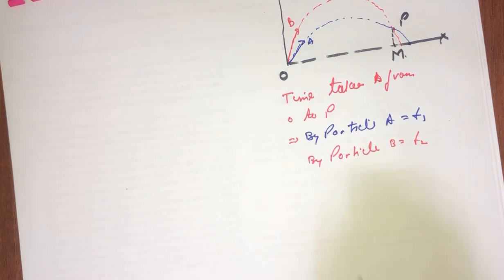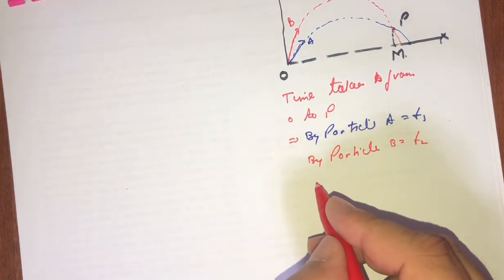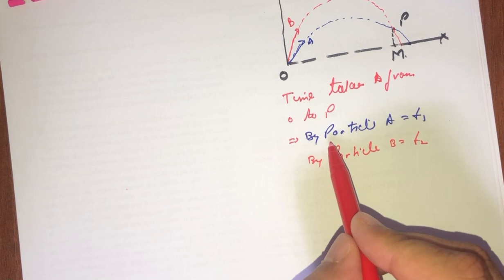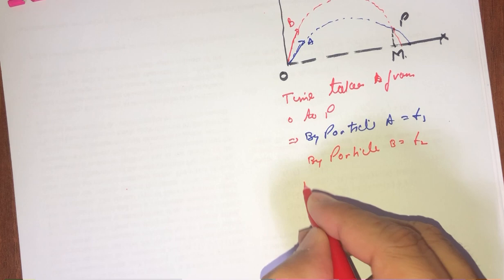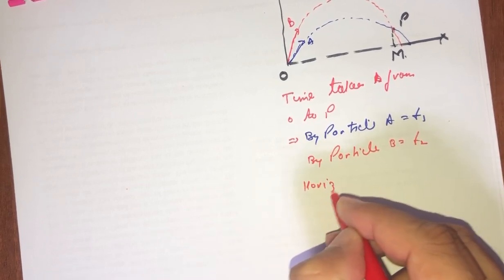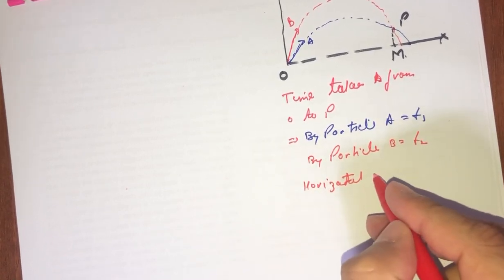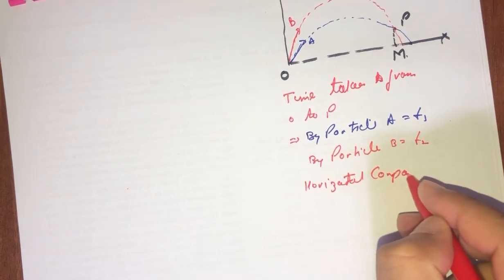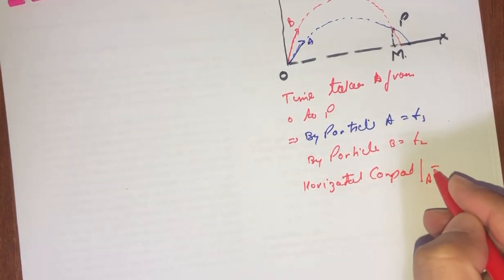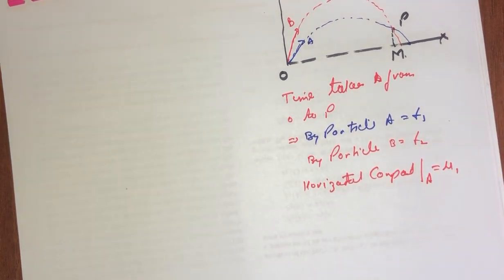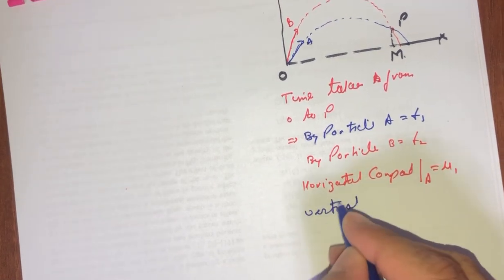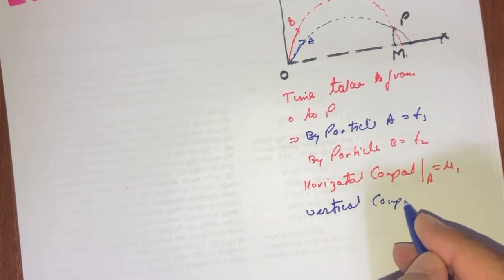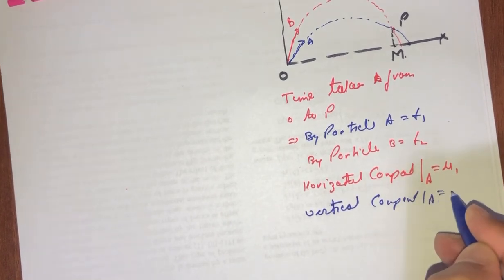And it is also given that the components of the velocity, horizontal as well as vertical, of particle A: the horizontal component of A is given as u1, and the vertical component of A is given as v1.